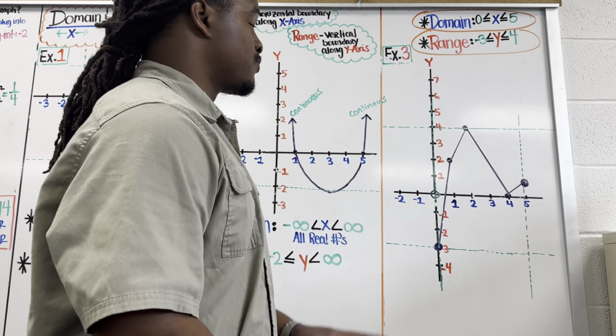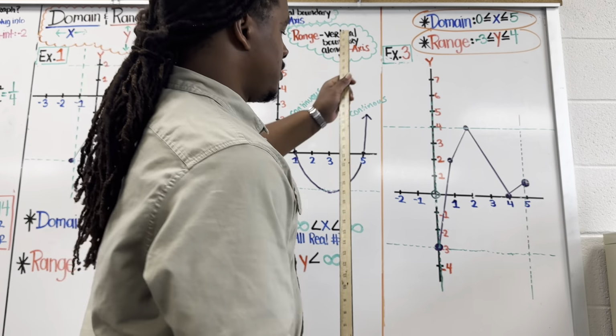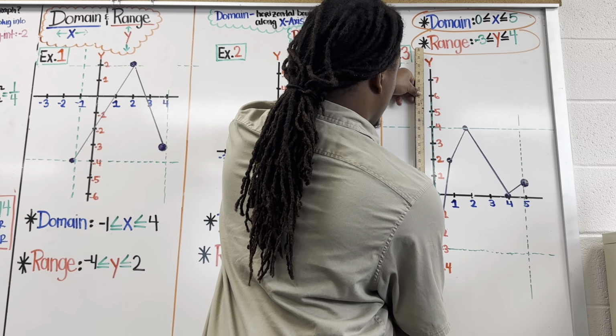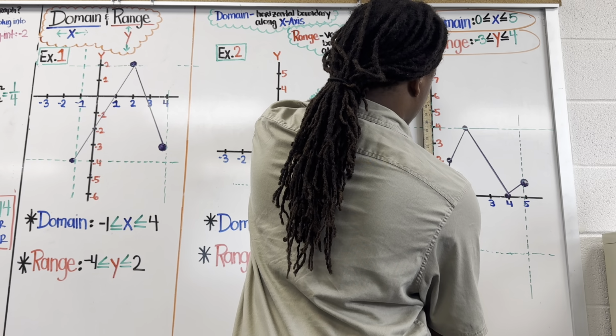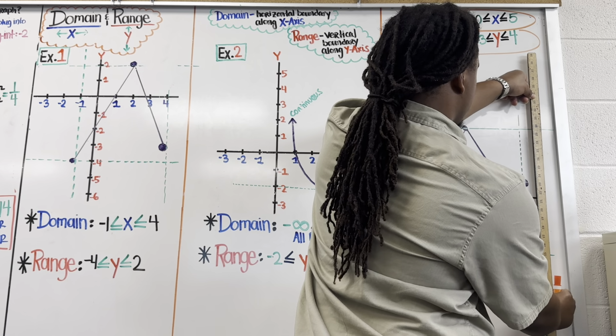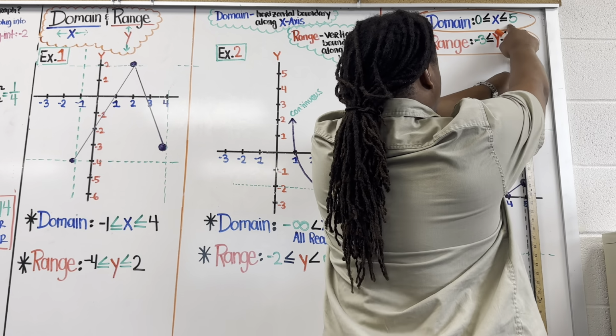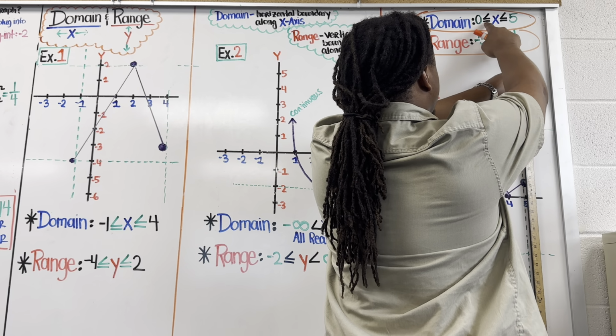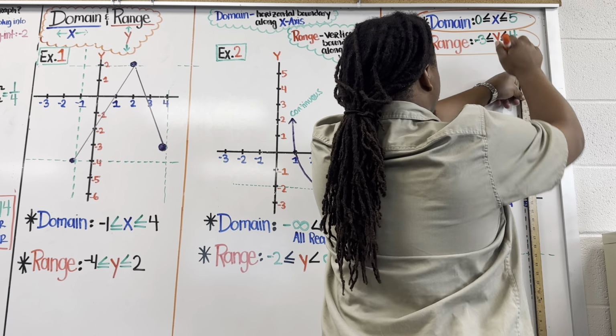Once again, I just want to go back over it. The least x value that we can possibly be within this function is x is 0, and the greatest x value that x could be is x is 5. So that's why we have x is greater than or equal to 0 and less than or equal to 5.